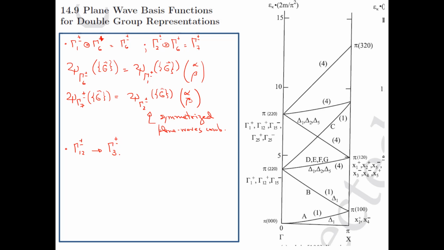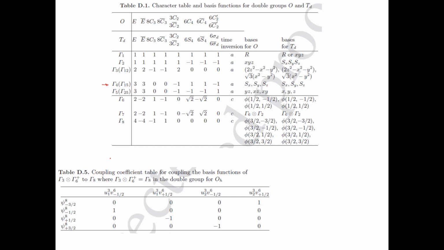It becomes a fourfold degenerate level, right? Gamma 3 plus or minus. Oh, sorry. This is the same state, but using a different notation, right? And so this is actually, you can see that here in this table.